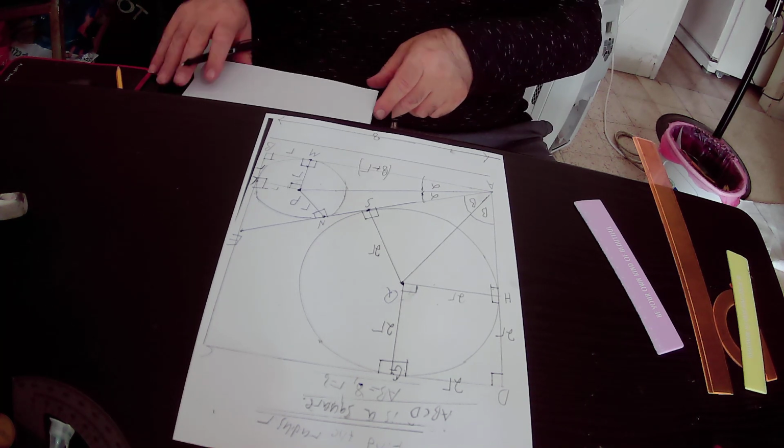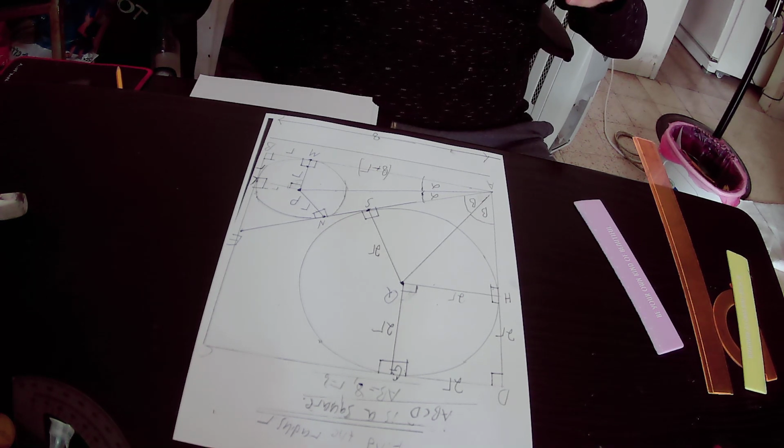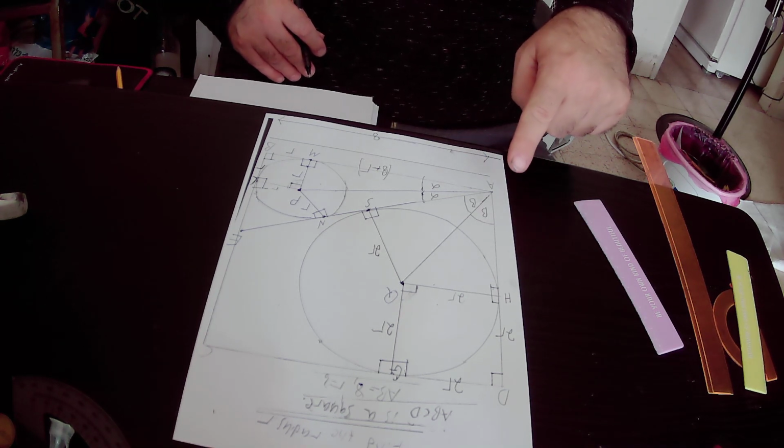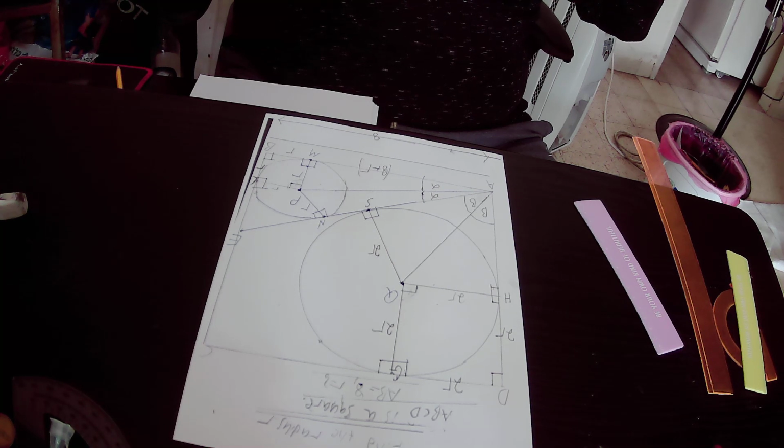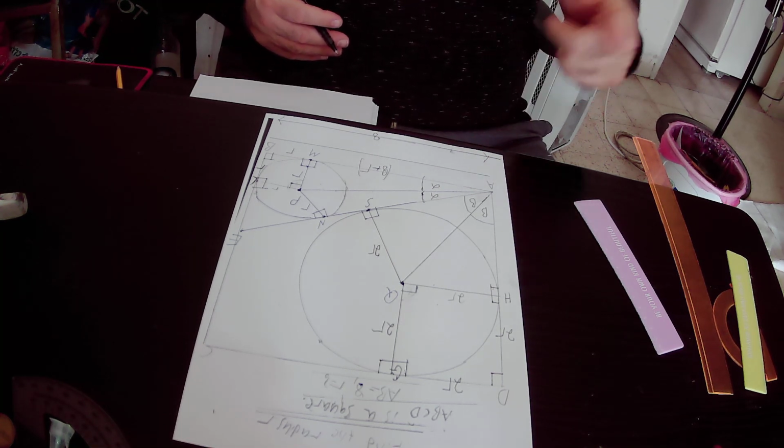But as you can see from the drawing, angle DAB consists of four angles: alpha, alpha, beta, and beta. So the size of angle DAB is the sum of those four angles.